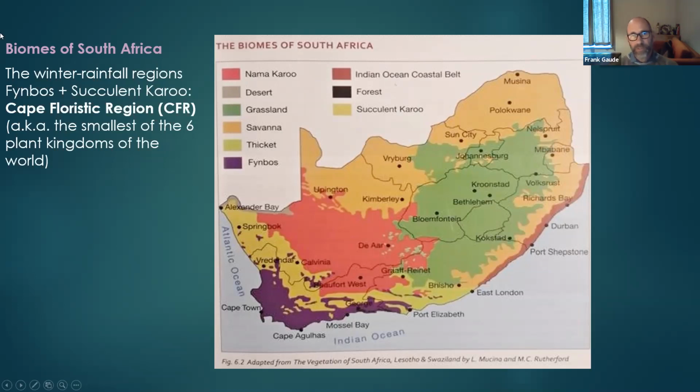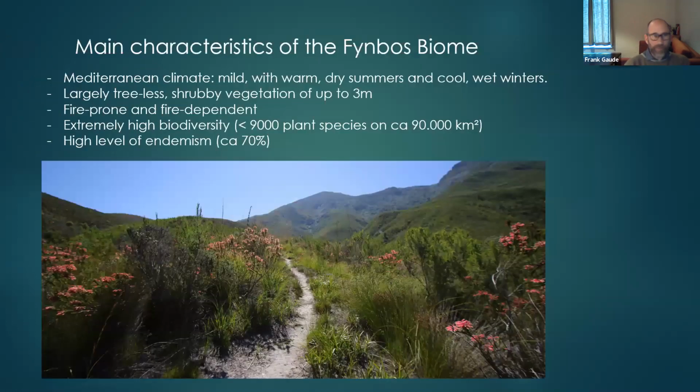Right, so what's fynbos? The main characteristics of fynbos. Fynbos is dominated by a Mediterranean climate, meaning mild, warm, dry summers and cool, wet winters in general. So it doesn't really get to freezing temperatures, at least not in the coastal areas of the fynbos biome, and it also doesn't reach very high temperatures.